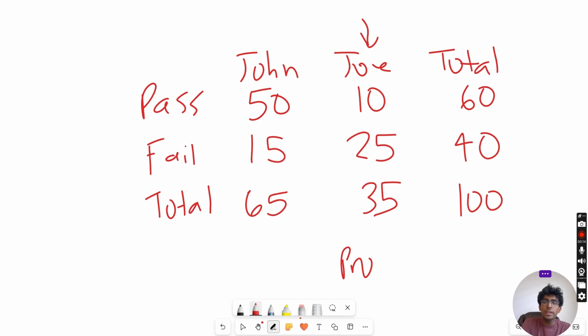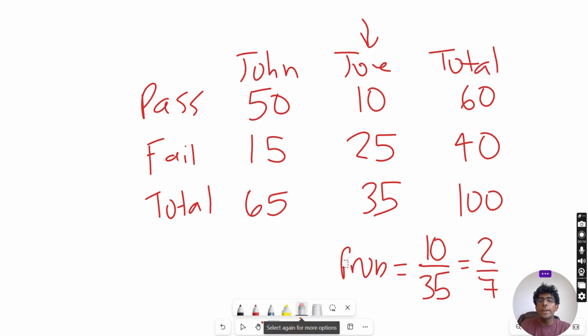Our total is the total number of Joe's students, which would be 35. That makes sense because we're only looking at Joe. We don't care about John right now. The probability that the student passes is Joe's students who pass, which is 10 over 35. If you simplify this by dividing the top and bottom by 5, you'd get 2 over 7.